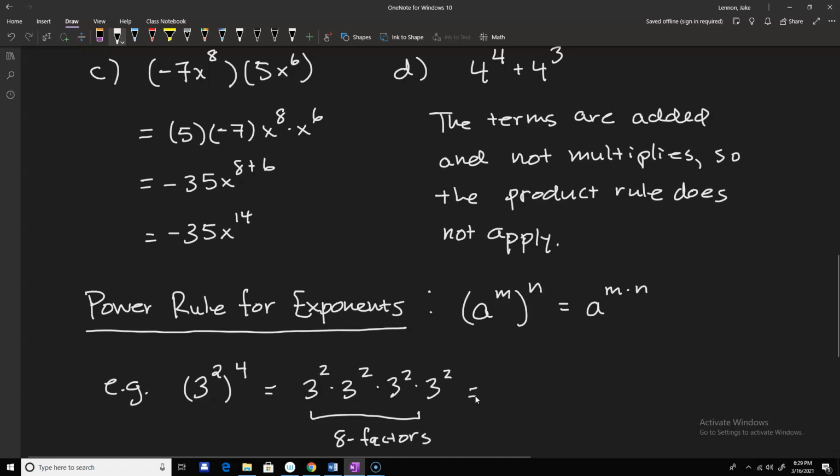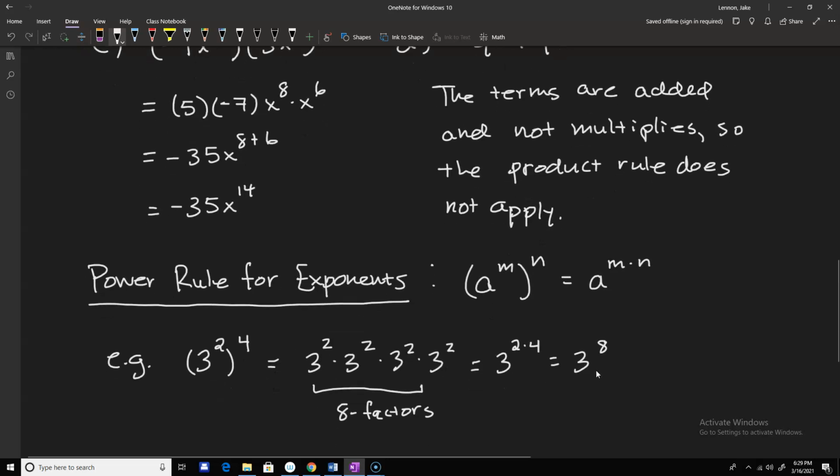And that's the same exact thing you would get as if you did 3 to the 2 times 4. So we are in fact multiplying those exponents rather than adding them, right? If you would add 2 and 4, you would get 6.